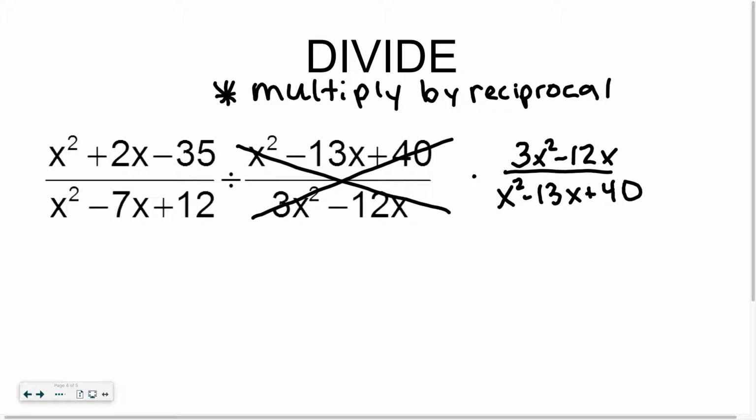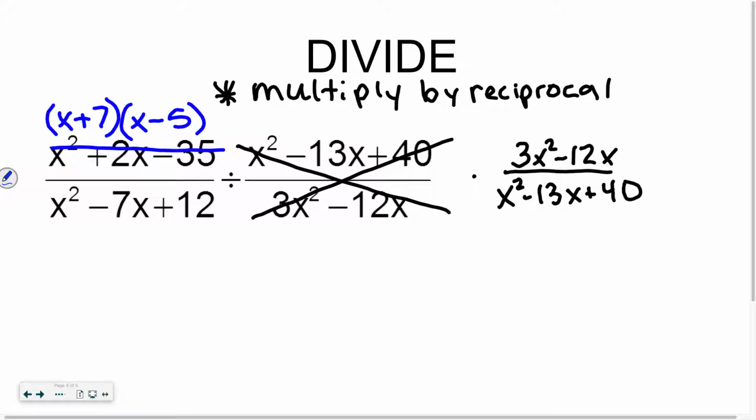Now you do it. Same thing. Factor and cancel. So now we're doing just a multiplication problem like we did before. Factor everything. Factors of negative 35 that add to make 2: negative 5 and 7.